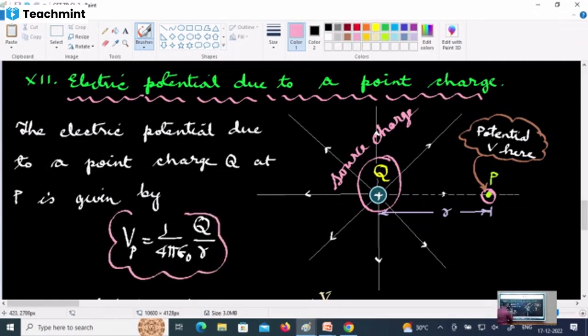Vp equals 1 divided by 4 pi epsilon naught, capital Q divided by small r.